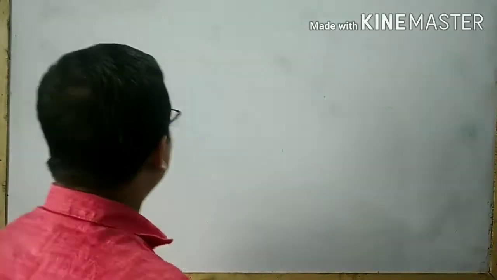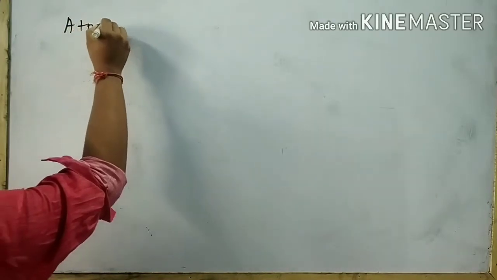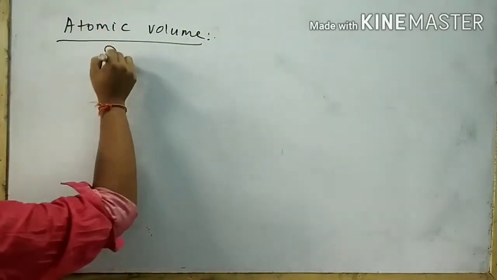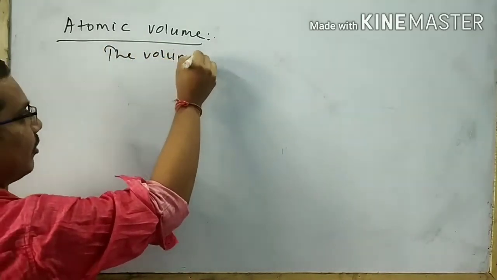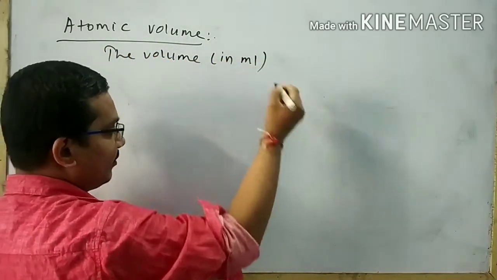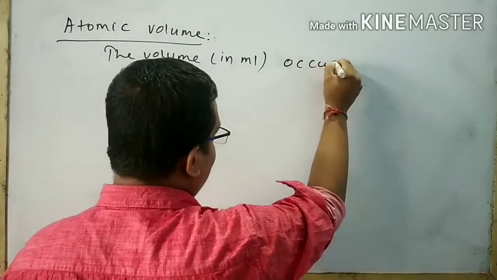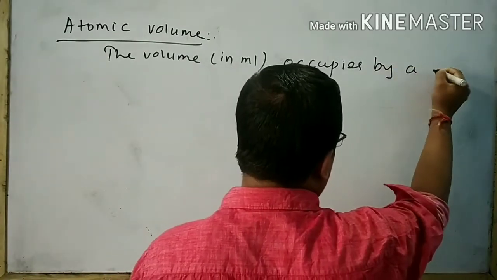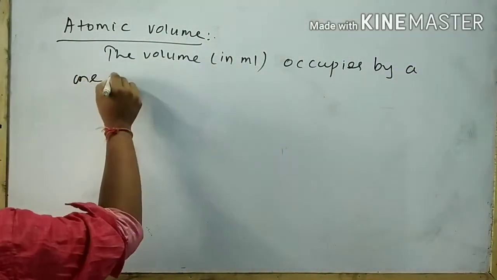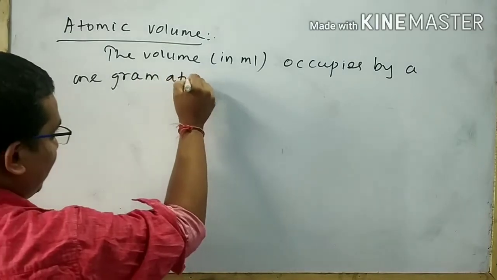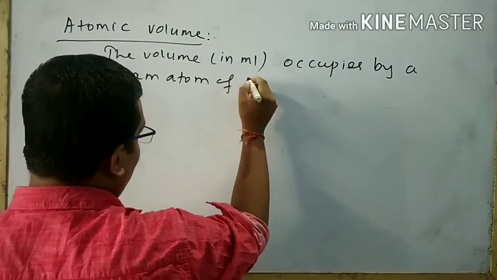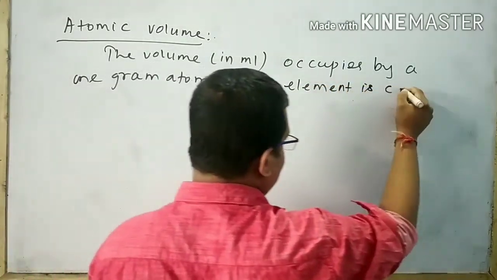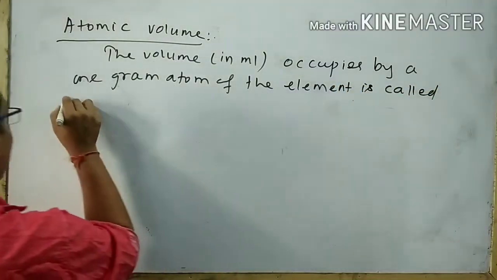Today I will discuss the atomic volume. Atomic volume: the volume in ml occupied by a 1 gram atom of the element is called atomic volume.